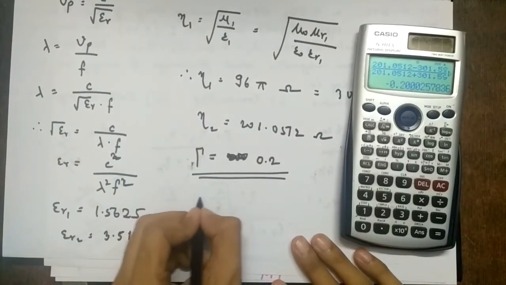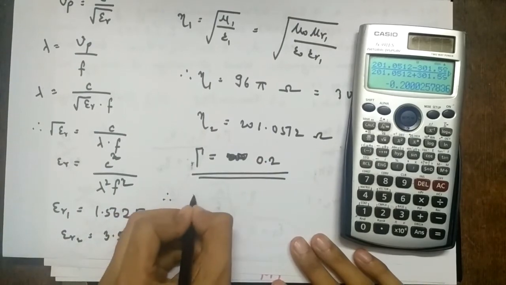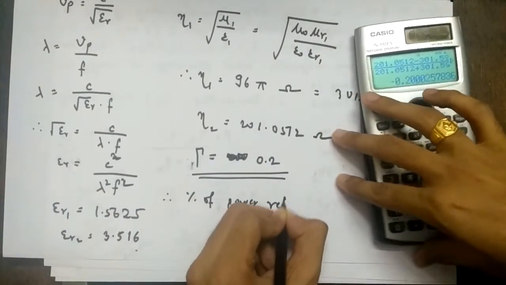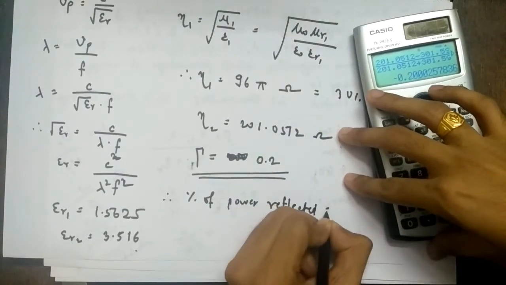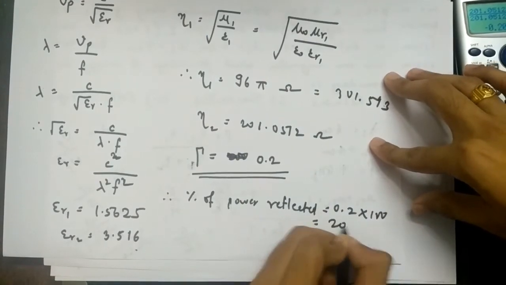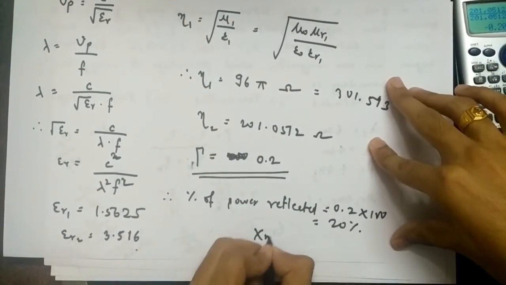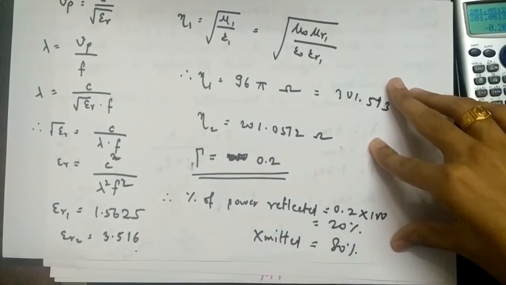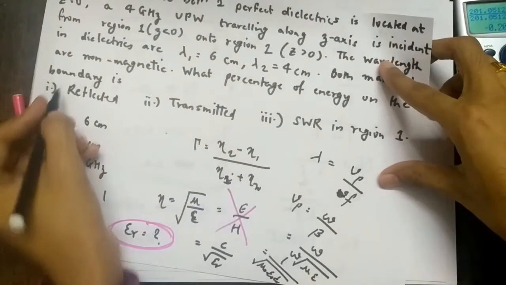If you calculate in percentage, the percentage of power reflected equals 0.2 into 100, so 20%. What will be transmitted? 100 minus this, so obviously 80%. We have got these first two answers.